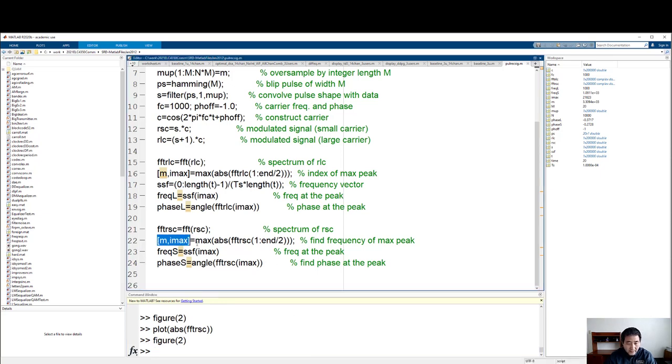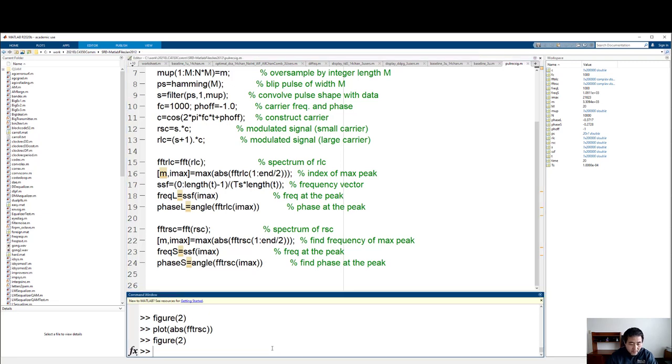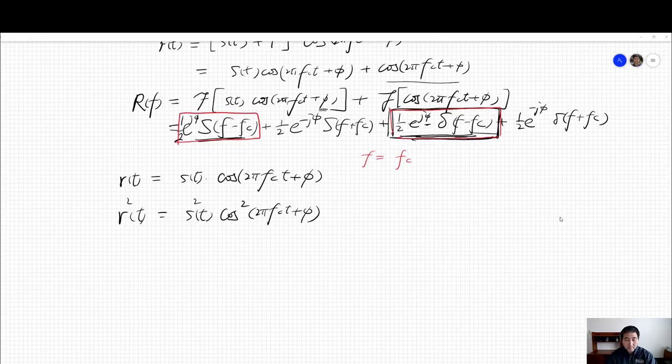I'm still using the old technique, trying to find the maximum on the spectrum, and at this maximum position find the frequency and the phase. We find the frequency of S, and that is not exactly 1000. It's actually 1091, a little off. Also the phase, and we know that when we find the phase phi, it cannot be trusted because it's simply off. It's not on the frequency of 1000.